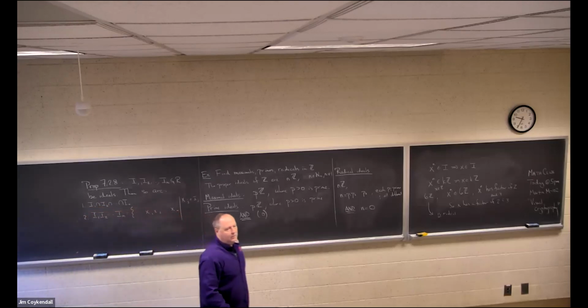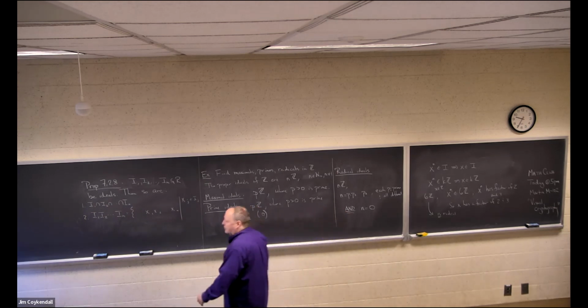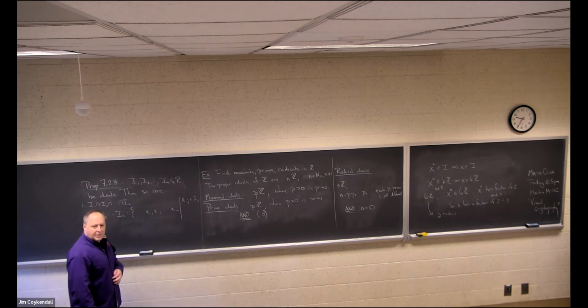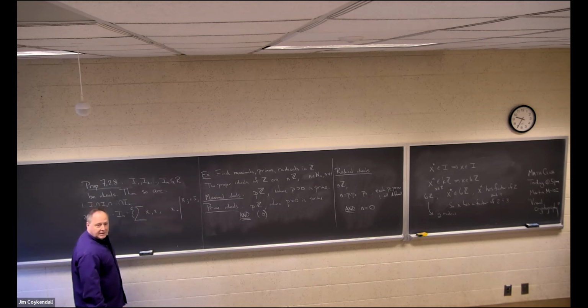Unfortunately, I can't do that because this usually doesn't make an ideal, because the problem is ideals have to be closed under addition. So here's what people in ring theory do when they get disappointed with multiplicative things that aren't closed under addition. They're lazy people, so they just put a sigma in front of it.